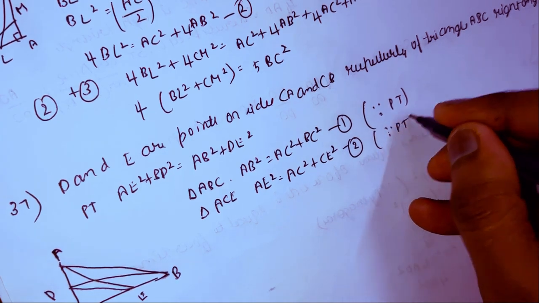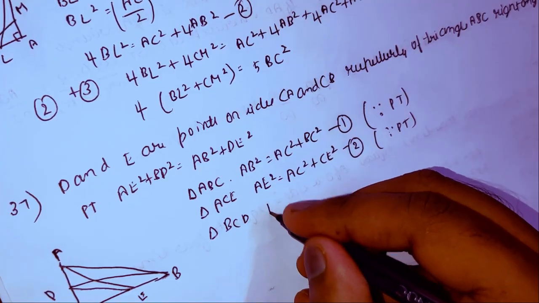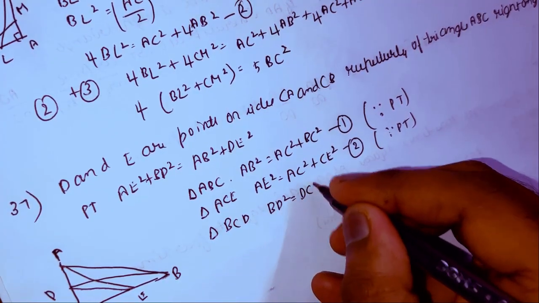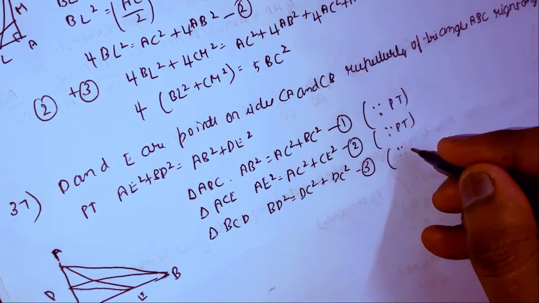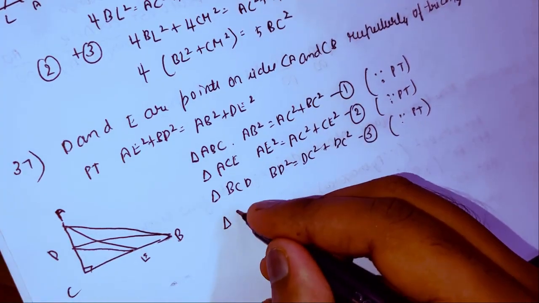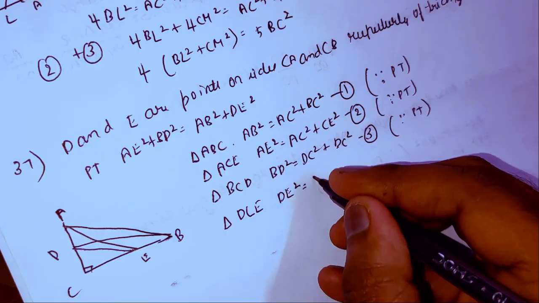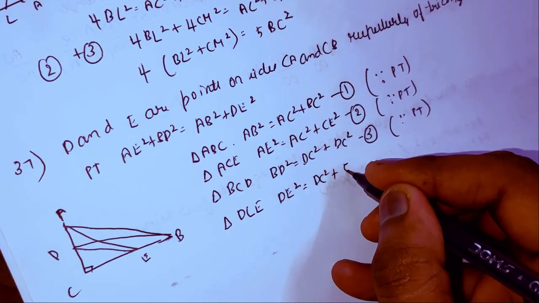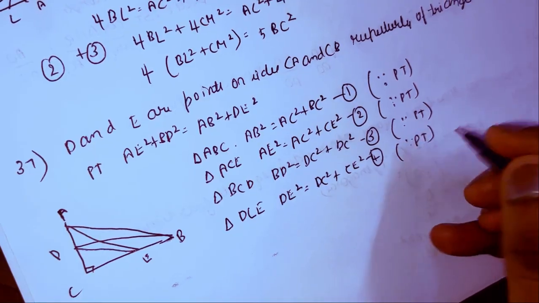Triangle BCD, BD square is equal to DC square plus BC square. Consider this as third equation. And last, in triangle DCE, DE square is equal to DC square plus CE square. Fourth equation by Pythagoras theorem.